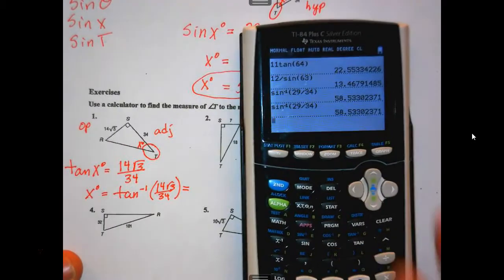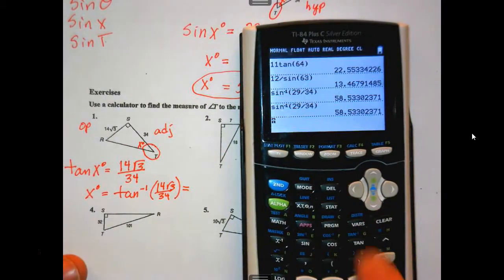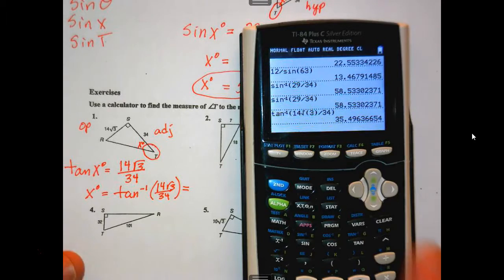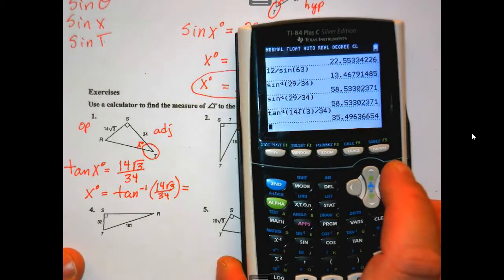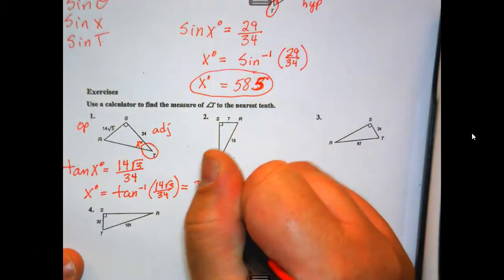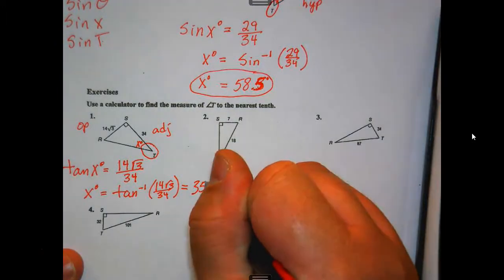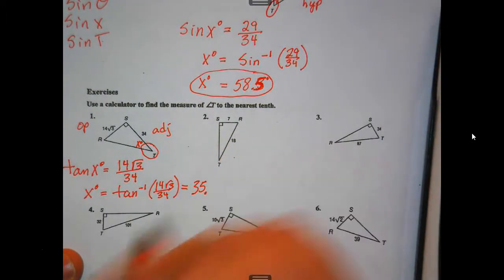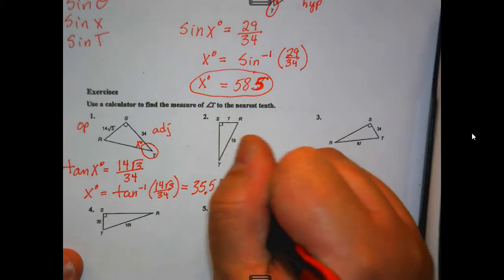Okay, here we go. 14 radical 3 divided by 34. 35.5. 35.5 degrees.